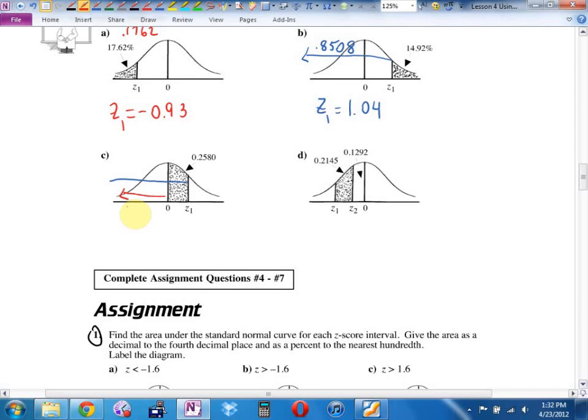So won't half, like, to the left be 50%? Or as a decimal, Jacob? So this area here is 0.50, which means the whole area is that plus that, 0.7580. All right.